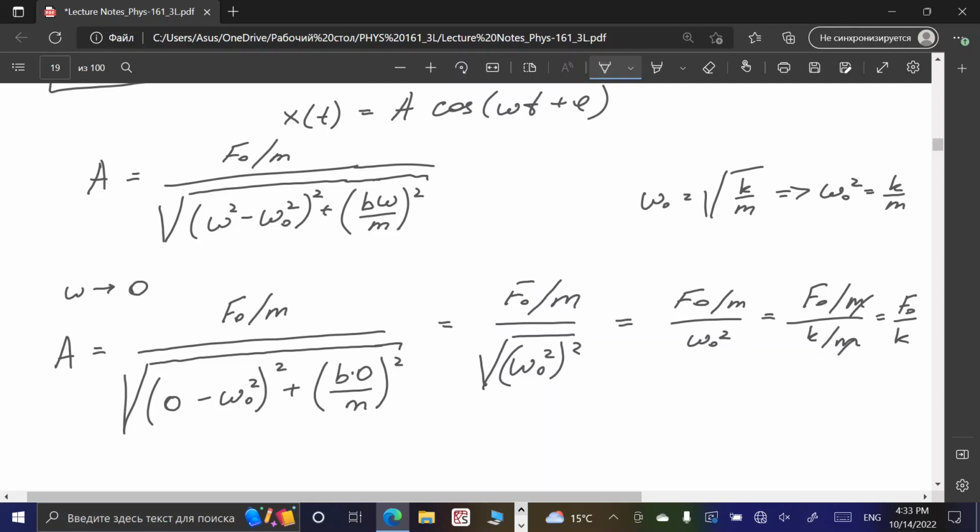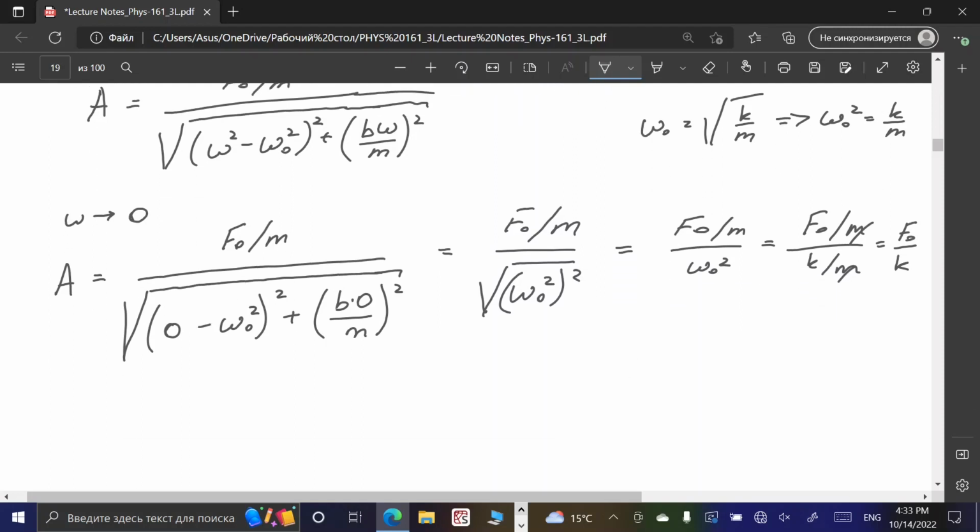Now we substitute it in this expression for displacement. So x as a function of time will be equal to F naught over k times cosine. And here we have omega t, but that will be 0 times t. So we get rid of time dependence because we multiply this by 0. Cosine of 0 is equal to unity.